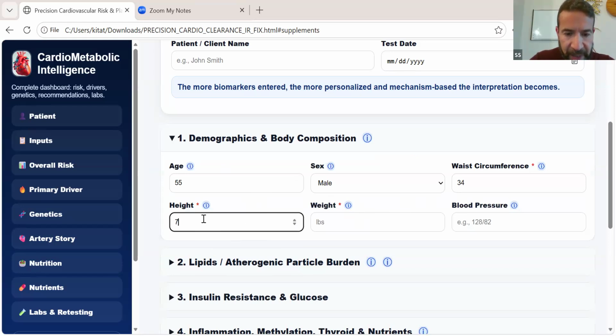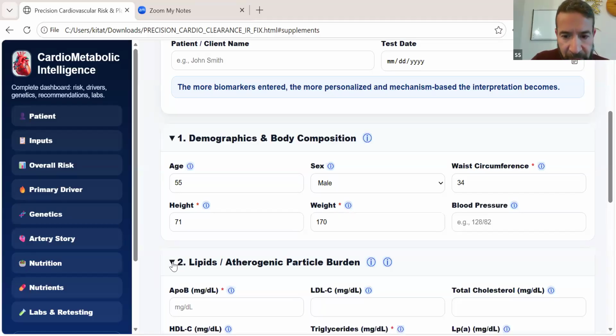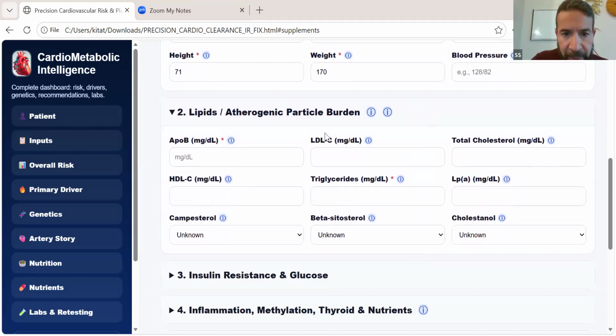So let's say the height is 71, and we're going to go fast here. Let's say the weight is 170. Now we go into the liver or lipid component. ApoB, let's say 120. We're not going to fill anything else here. Triglycerides, let's say it's under control, 65. These bottom three are for intestinal reabsorption.